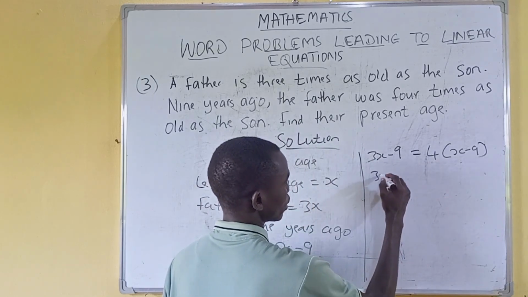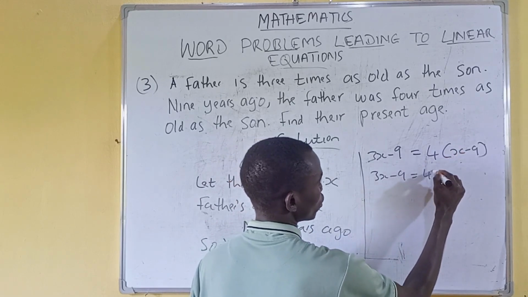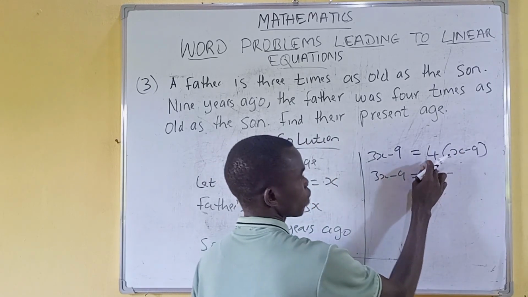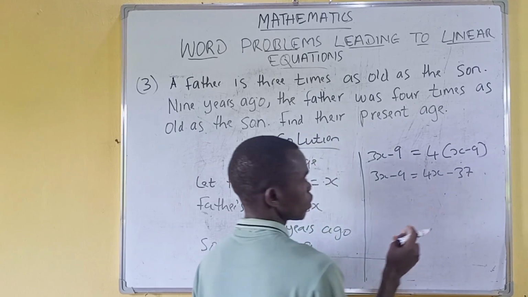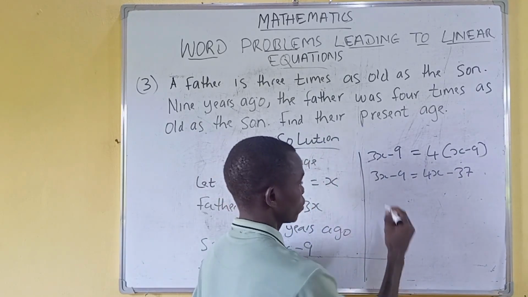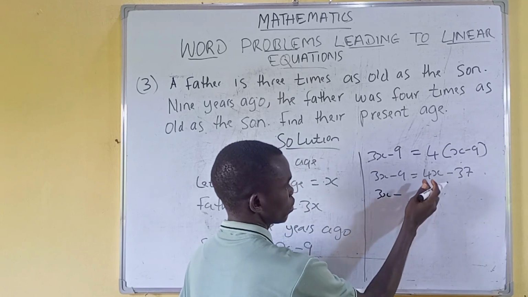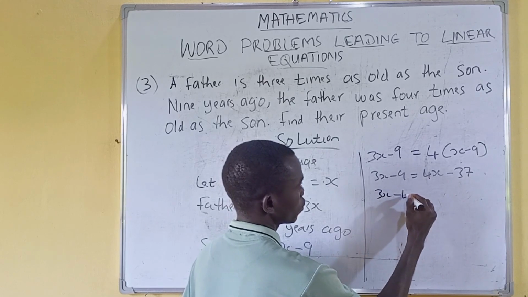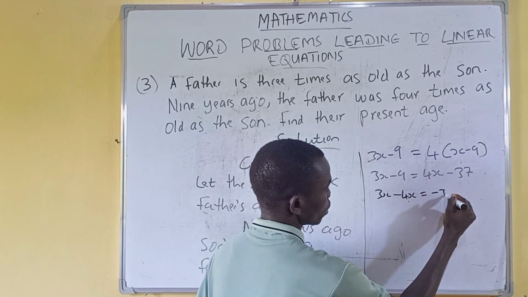So we have 3S minus 9 is equals to 4 times S, we have 4S, minus 4 times 9, we have 37. From here, we collect like terms, which will be 3S minus, move this to this side, become 4S minus 4S is equals to minus 37.